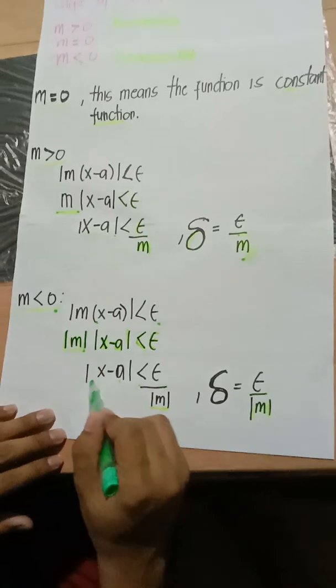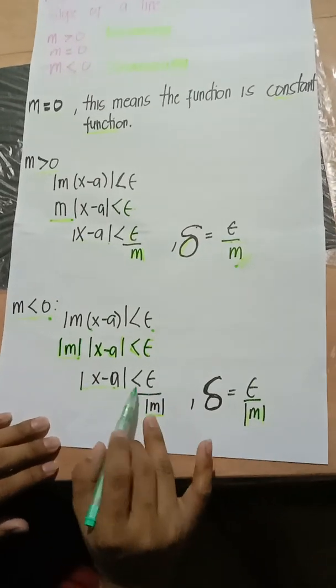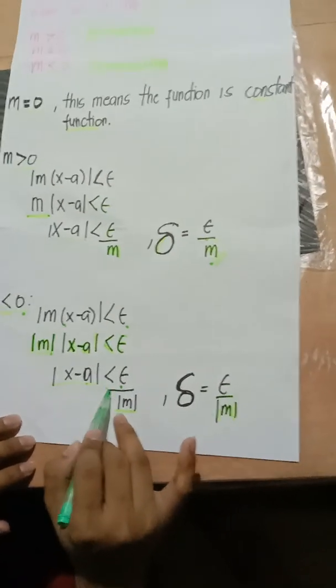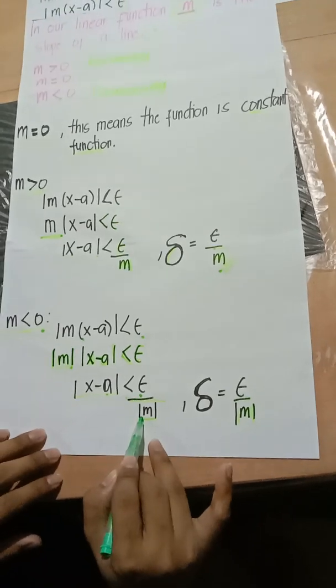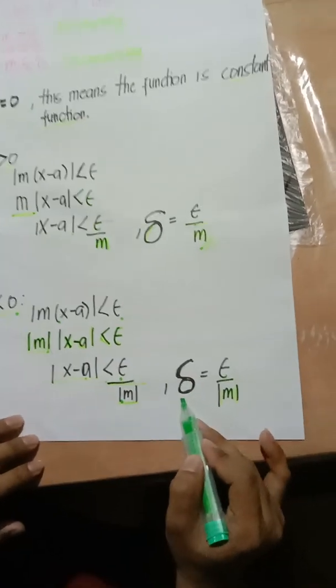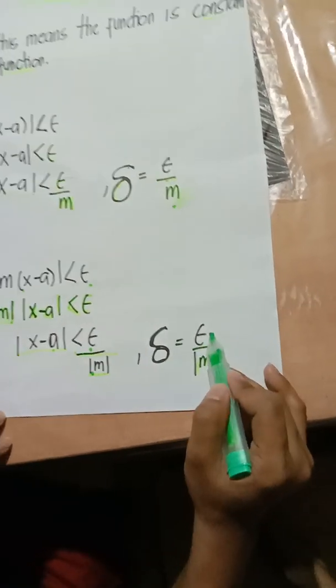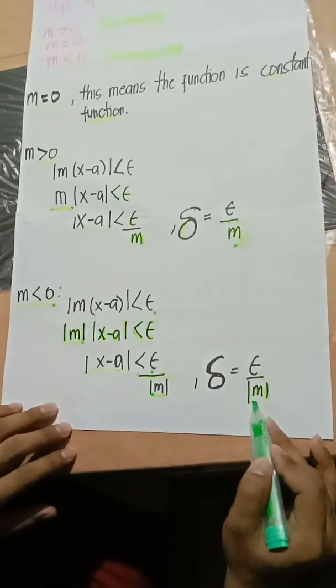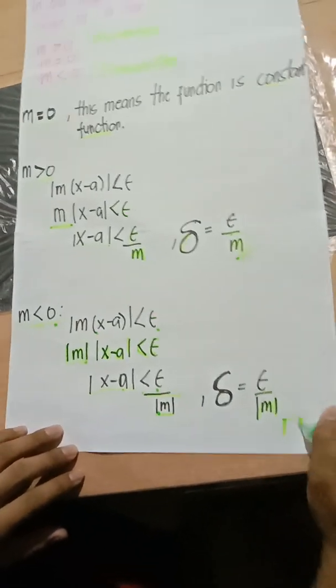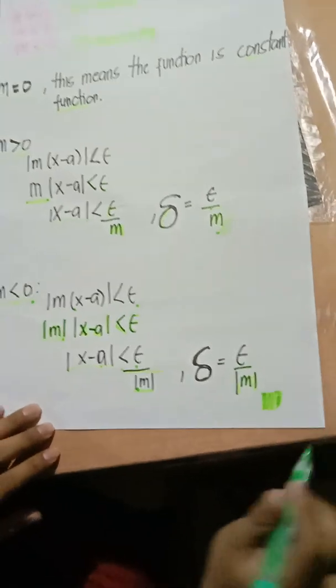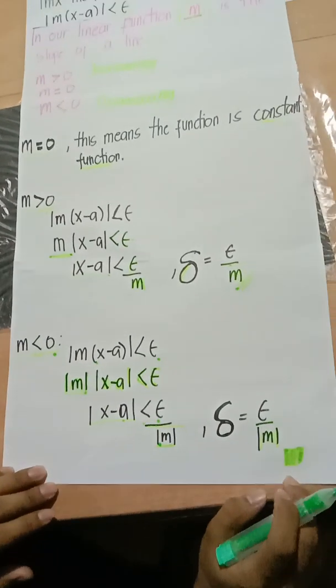So we will have the absolute value of x minus a less than epsilon over the absolute value of m. Therefore, our delta here is epsilon over the absolute value of m. So we prove it.